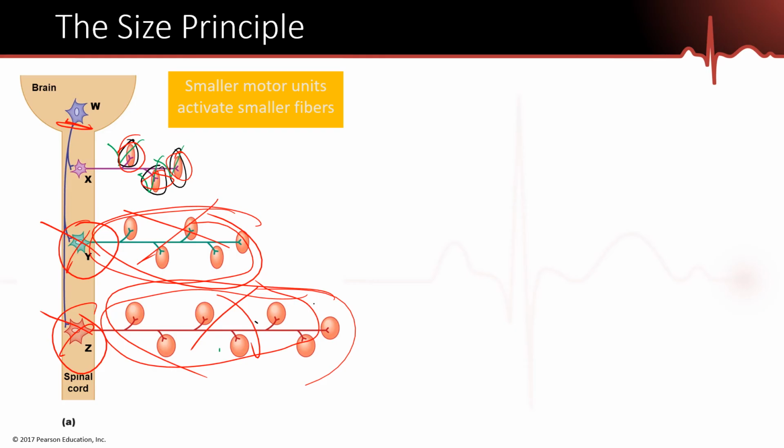The overarching point here is if you look at an object that's very light, the primary motor cortex neurons will fire at a pretty low frequency, and that will only get the small alpha motor neurons to threshold and not the larger ones. And that's intentional because then only small, slow twitch fibers, which mostly because of their size, just can't generate that much force. We don't need that much force to be generated in the biceps muscle to be able to lift a very light object. Okay, that's the overarching premise of this.